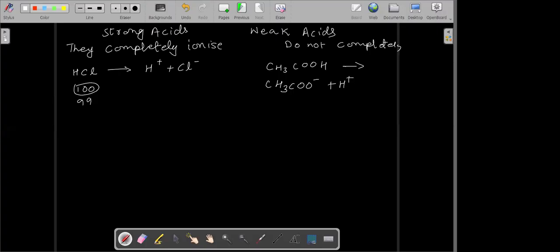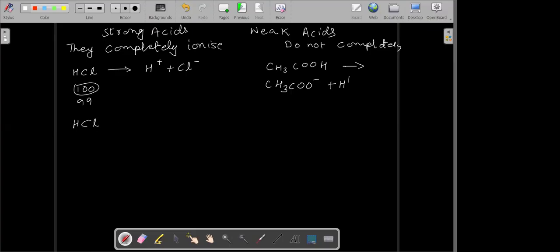Okay, we'll come to one more concept, concentrated and dilute. But before that, let's see the formation of the ions. Let's say we take HCl or CH3COOH, any of them. Suppose we take HCl.